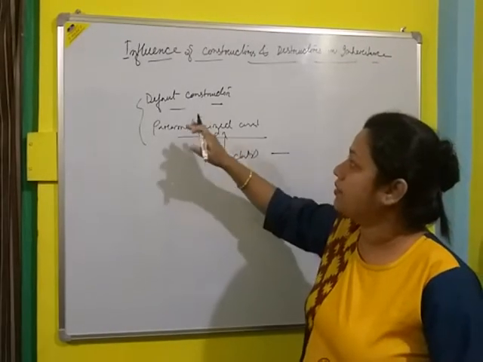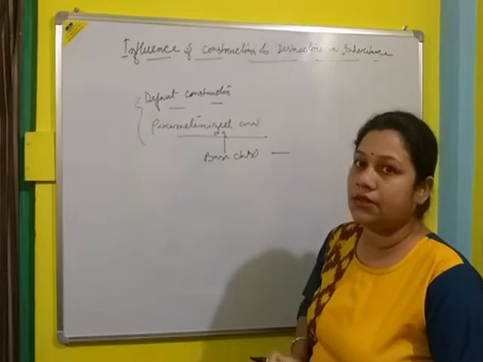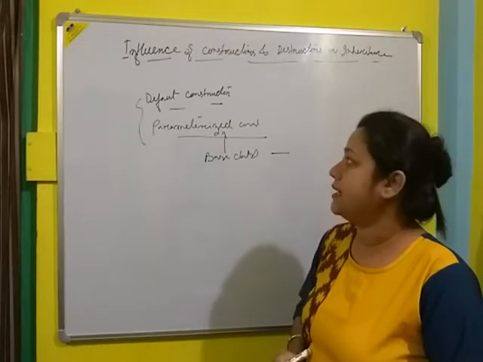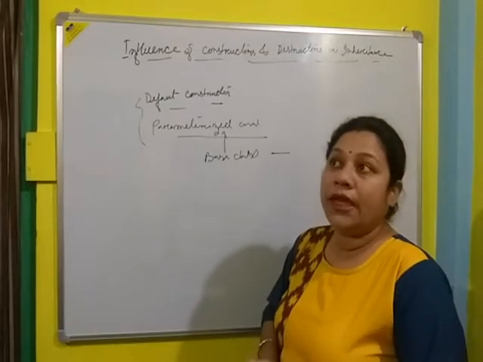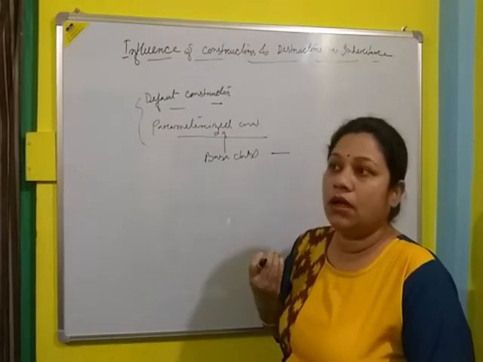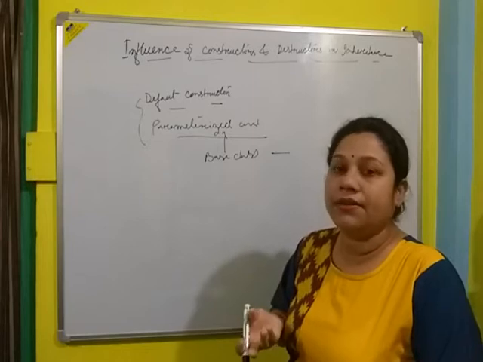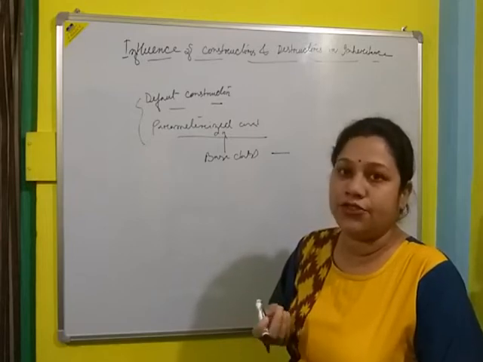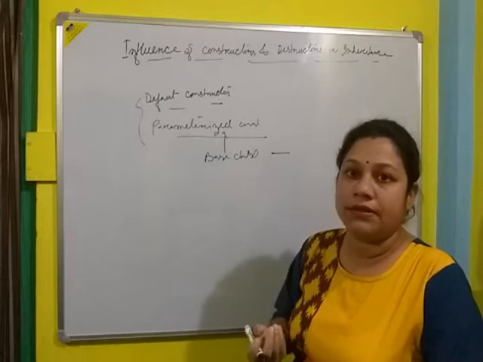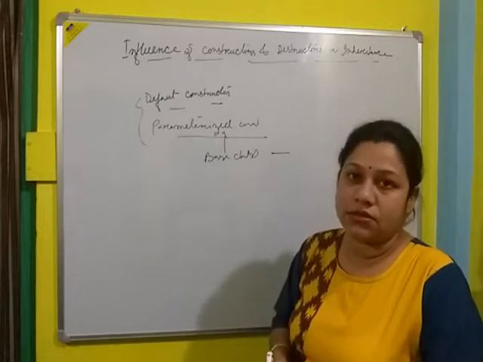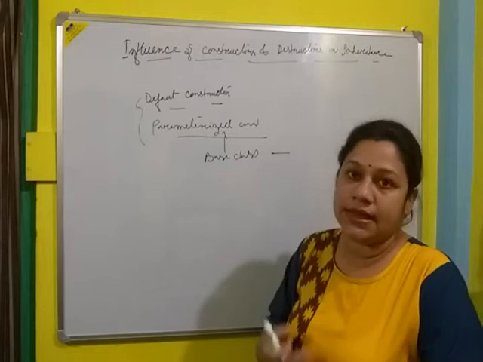So anyway, this is the use of default constructor and parameterized constructor in the case of inheritance. Actually, what happened when you use the technique of inheritance, we are going to create the object of the derived class, not of the base class.